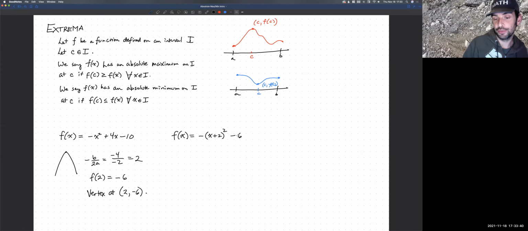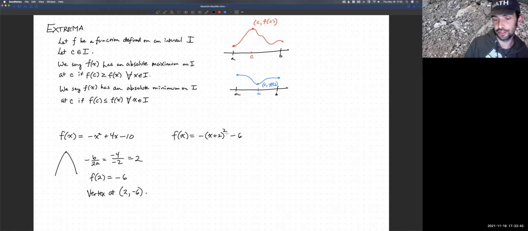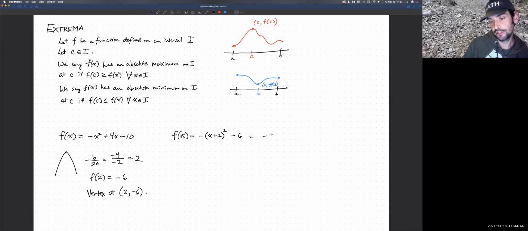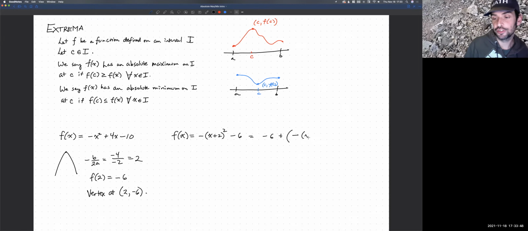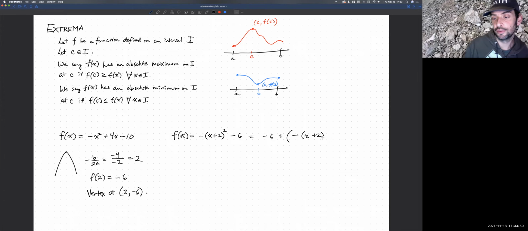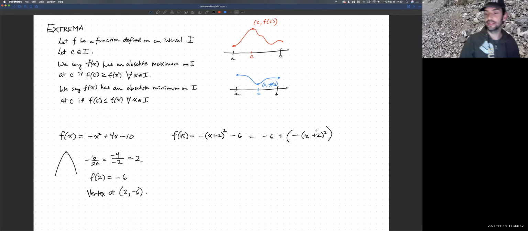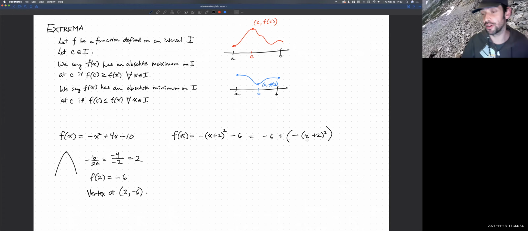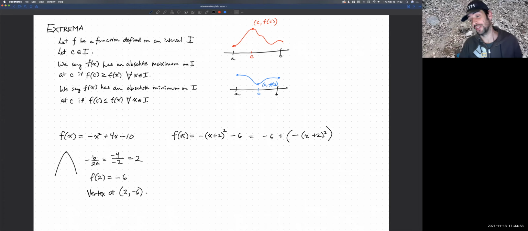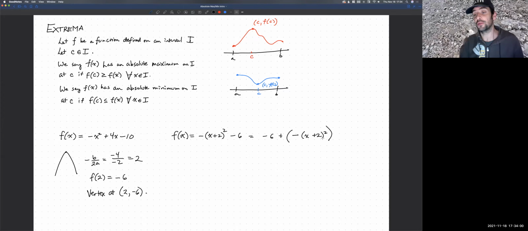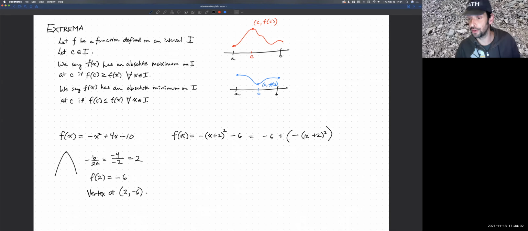Notice what we have here. If we think about starting with the number negative 6, and then we're adding, I'm just rewriting this another way, this other quantity. But what do we know about this quantity? Well, it's something that's squared. So the x plus 2 squared is always going to be positive, or it's going to be 0.